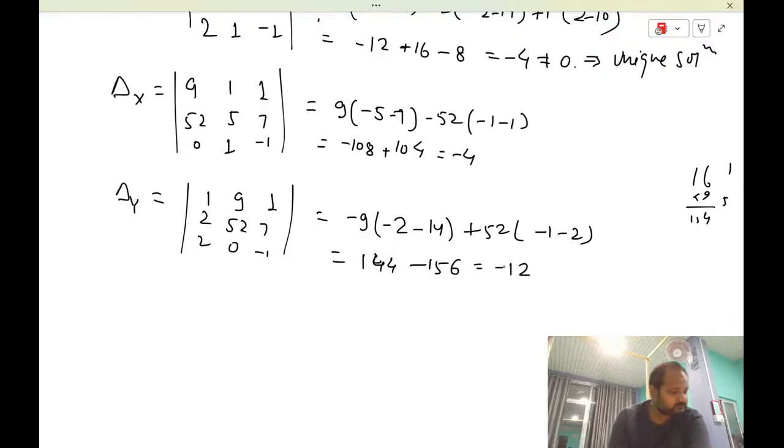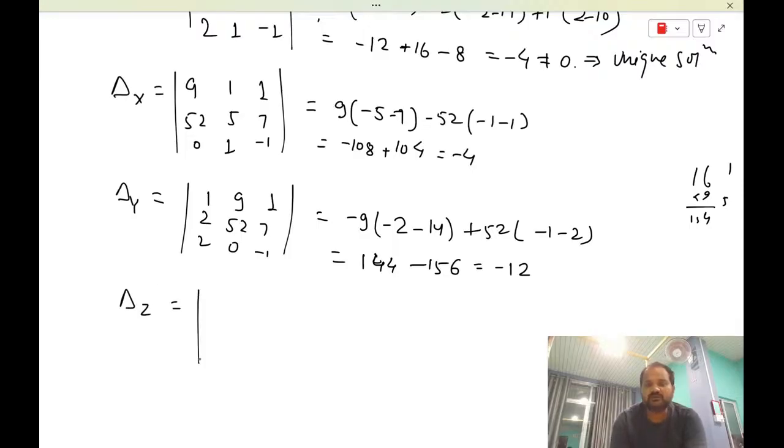So delta y we are getting minus 12. Now we are going to find delta z.